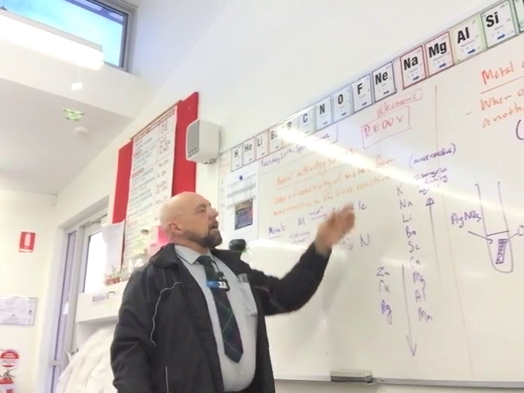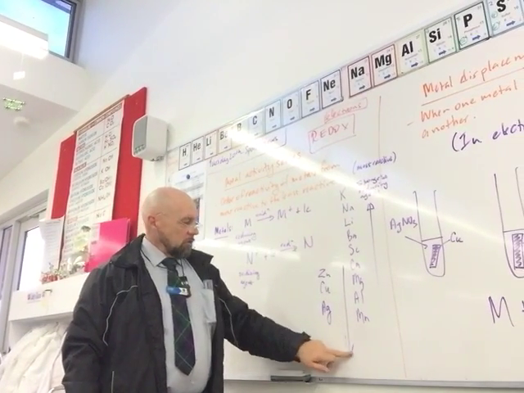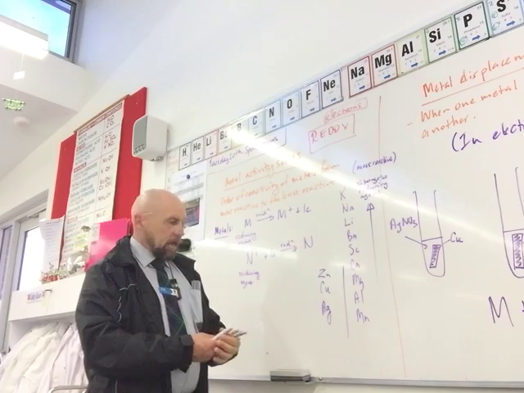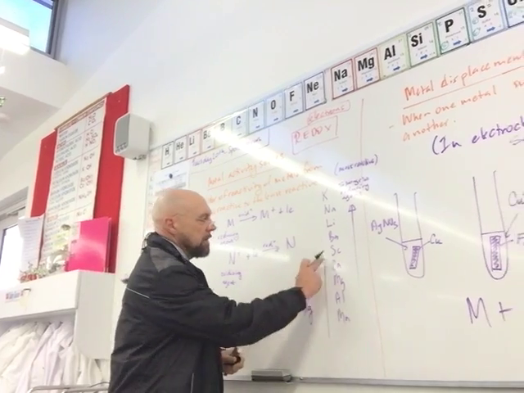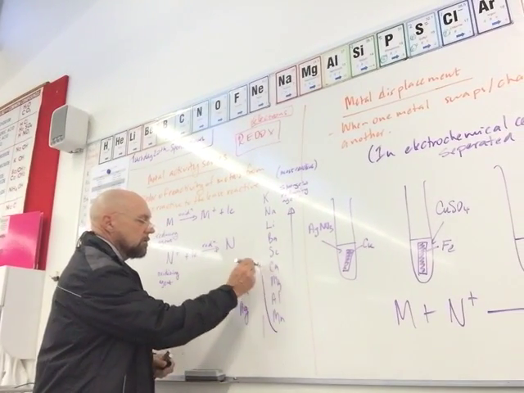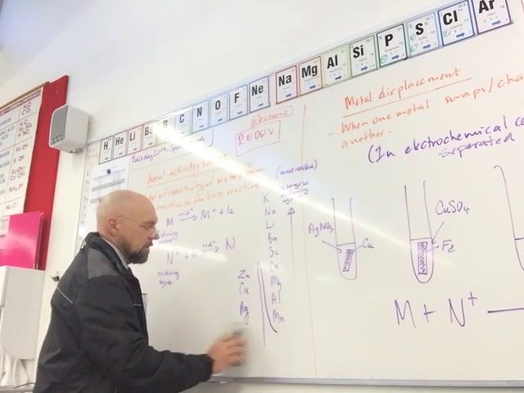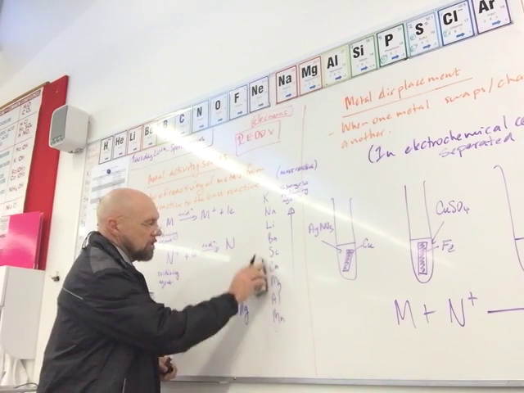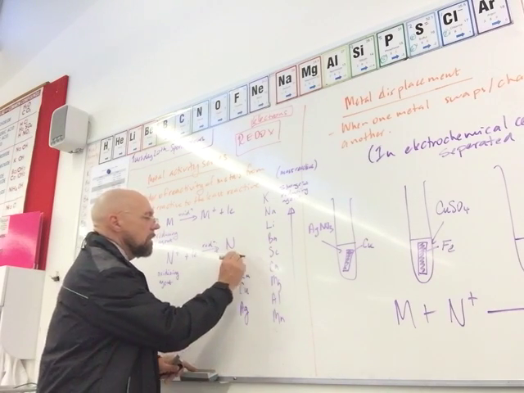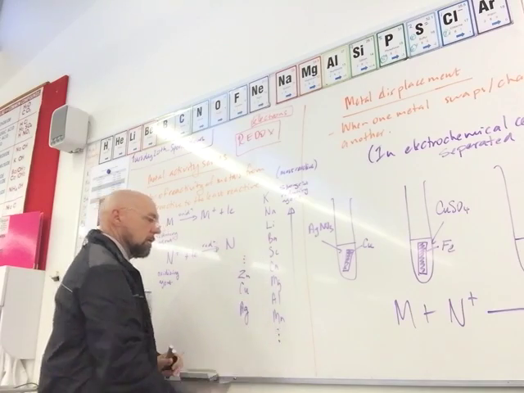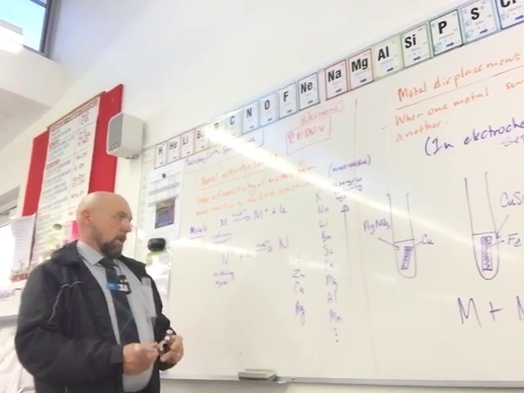So when we look at the activity series of metals, which is a little bit confusing, that one there, I'll just change that. That's just meant to be a continuation. I sort of ran out of room, and I wanted to continue that from there down.